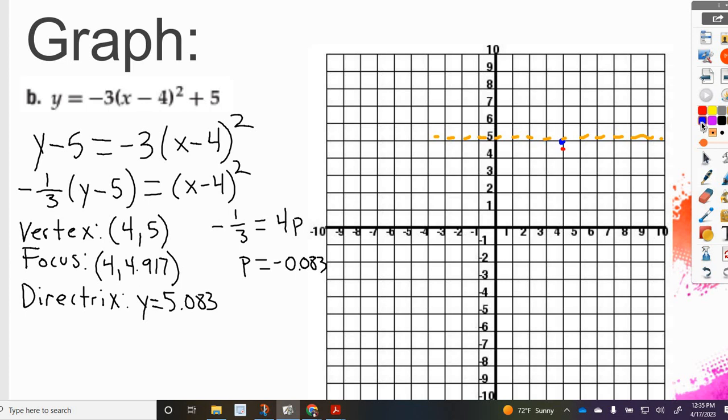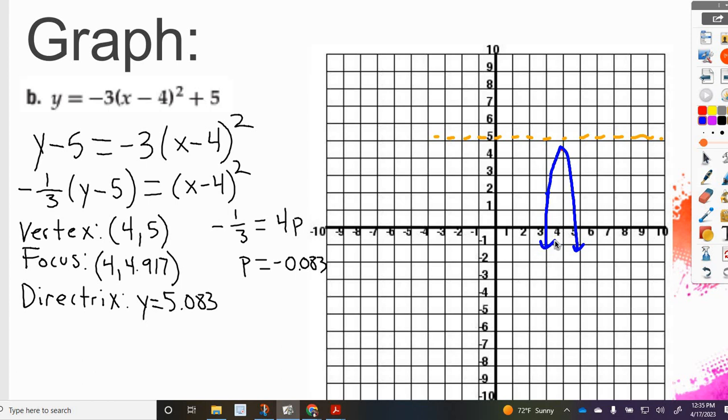Now, because our p value is so small, that means that our parabola has been stretched. So it's going to be skinnier than normal. If your p value was large, then it would be bigger or wider than normal.